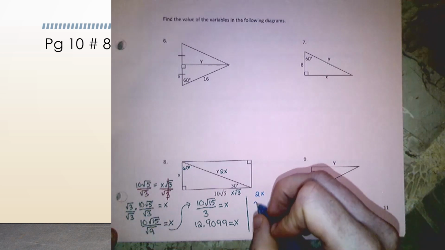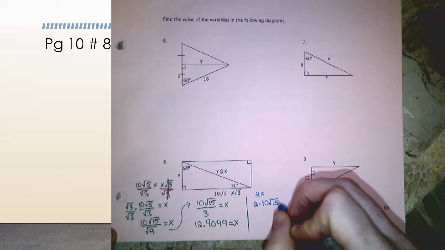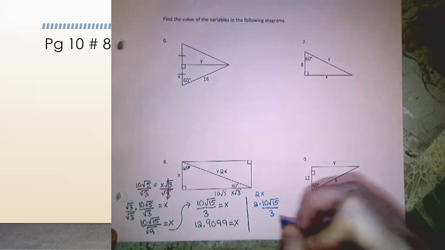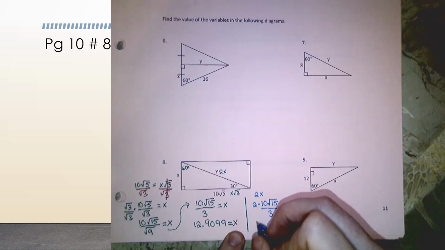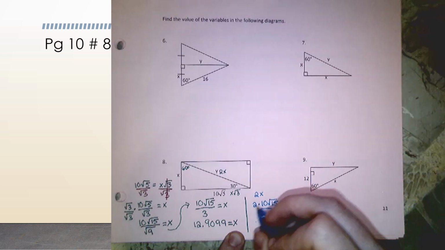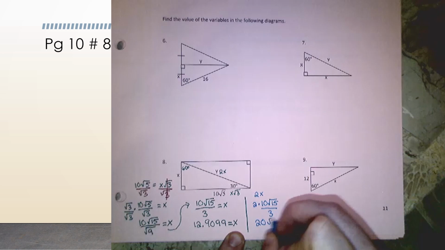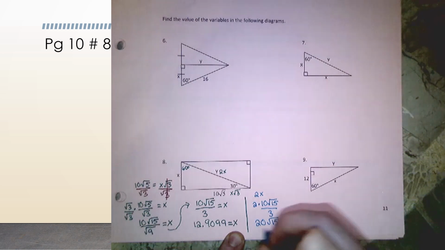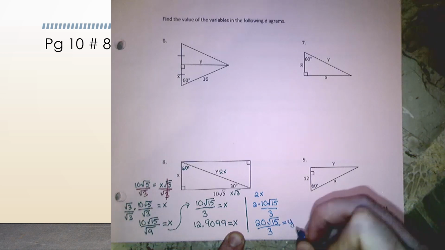So 2 times 10 square root of 15 over 3. This can only combine with what's not in the radical. So I would have 20 radical 15 over 3 equals y.